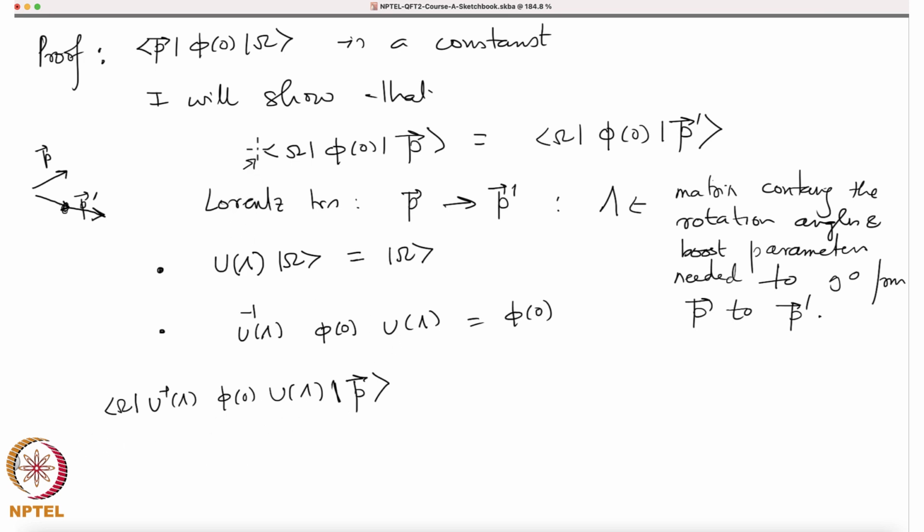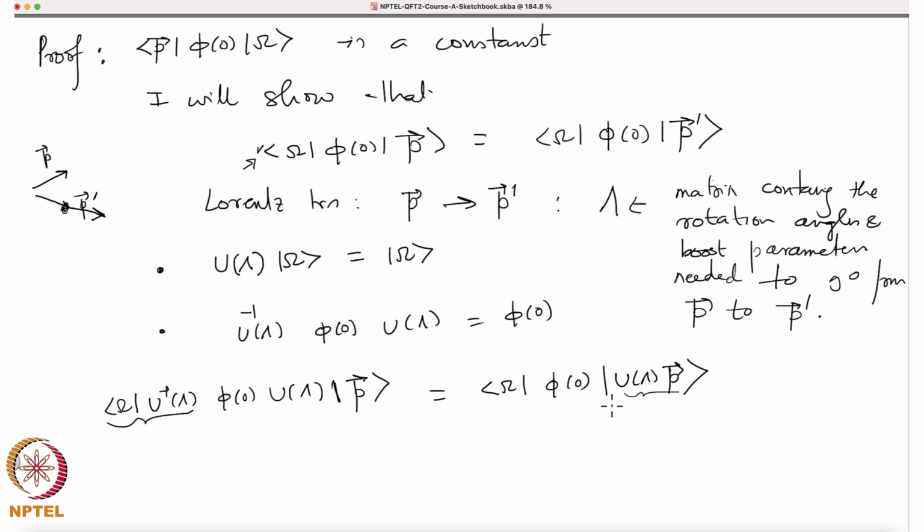So this is equal to this, but then U acting on vacuum gives you vacuum, so this remains unchanged. So this is vacuum. Then you have phi 0, and then you have U lambda acting on the ket p. All I have done is, instead of writing this operator acting on the ket, I have now written the ket, which carries the momentum you get by changing p to lambda p.